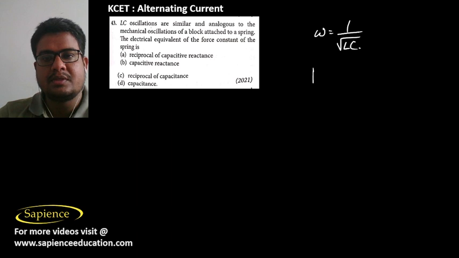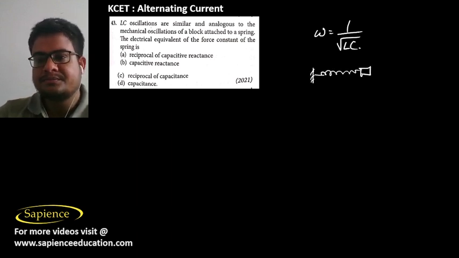In case of a spring mass system, kx is equal to the force, that is equal to ma. Acceleration is minus k by m into x.